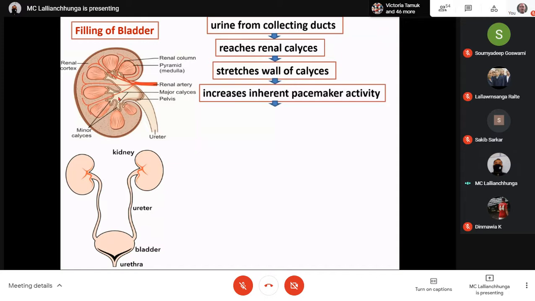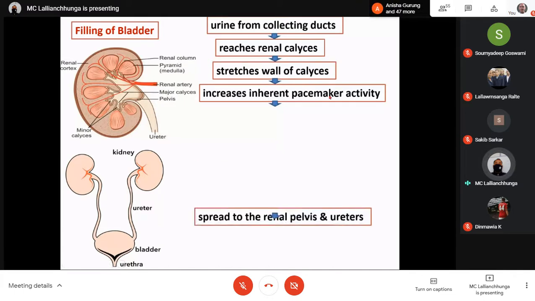Okay, so this stretching of the wall of the calyces will increase the inherent pacemaker activity. That means what we have already discussed earlier, that is action potential, or first it will be the pacemaker activity. That means there will be an increase in the potential. Okay, the depolarization will be there.